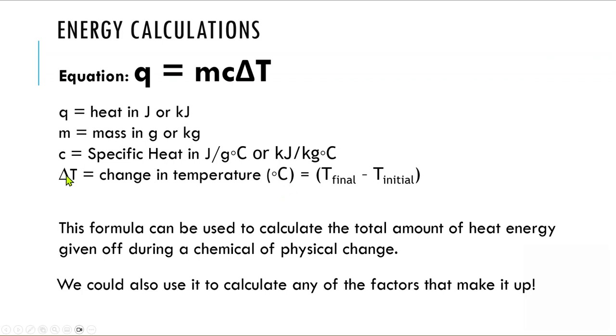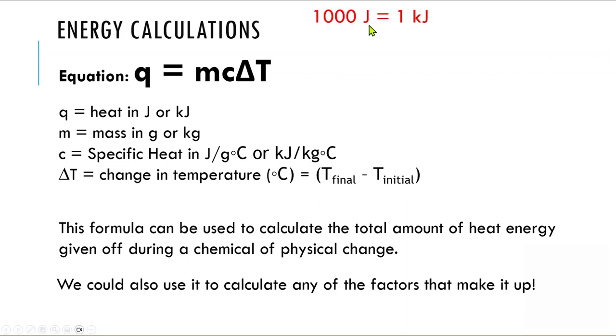When we're calculating the change in temperature, it'll always be the final temperature minus the initial temperature. So the initial temperature is the temperature that the substance starts at, and the final temperature is the temperature it ends up at. It's really important that you always do final minus initial, and I will show you why later.